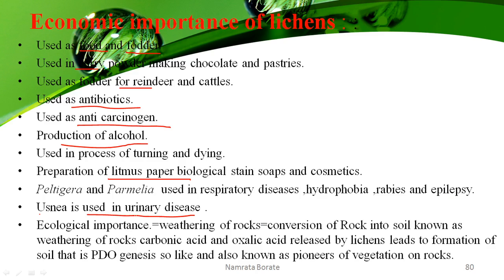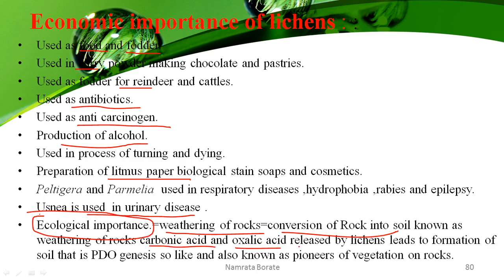The most important fact about lichen is its ecological importance. What is the ecological importance? Lichen is used in the weathering of rocks. The conversion of rock into soil is known as pedogenesis. Lichen contains acids, carbonic acid and oxalic acid.